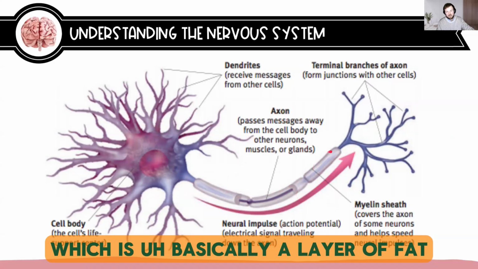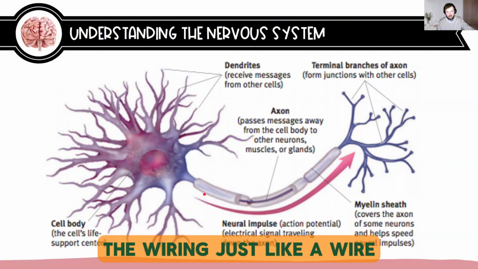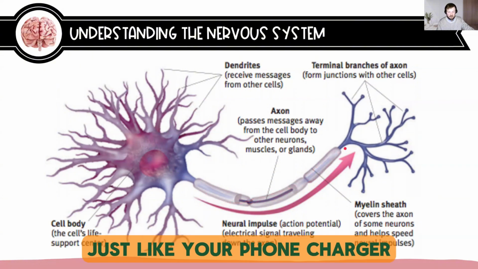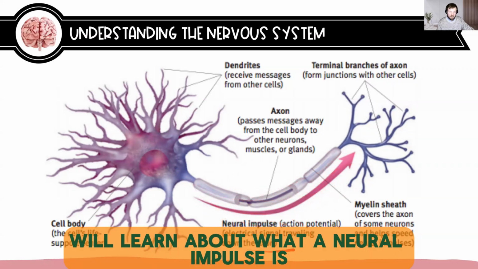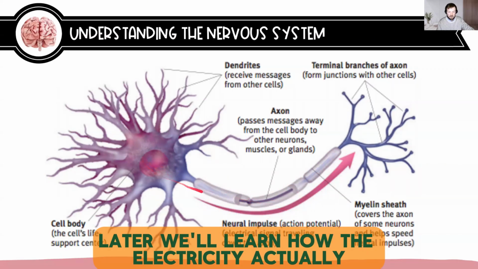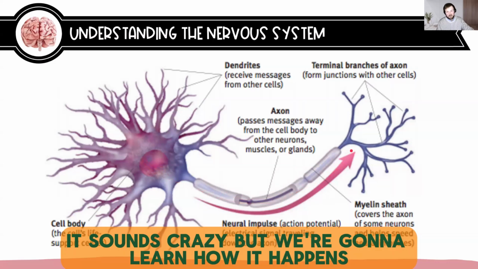And we got the myelin sheath, which is basically a layer of fat that speeds up the transmission and protects the axon, the wiring, just like your phone charger, right? And your neural impulse. We'll learn about what a neural impulse is later. We'll learn how the electricity actually, how does this happen? It sounds crazy, but we're going to learn how it happens.